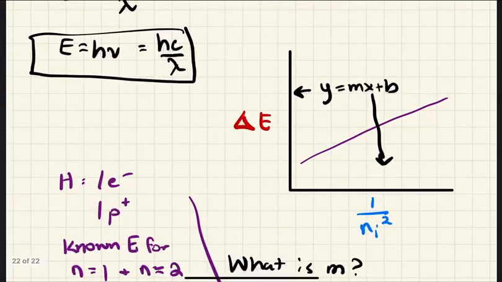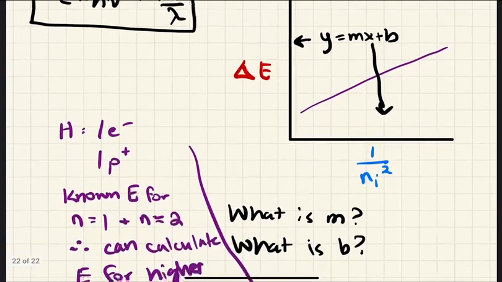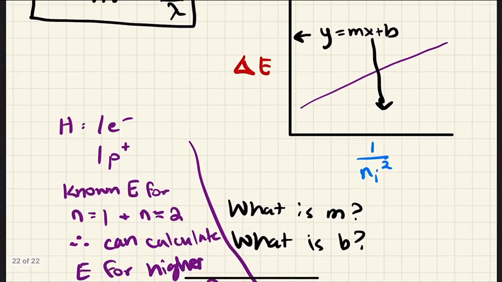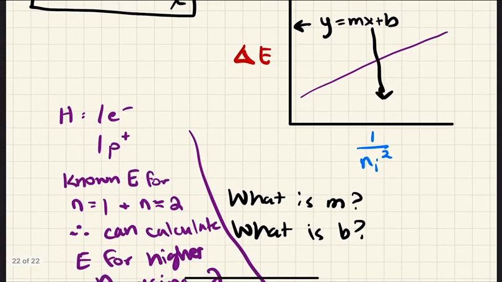And essentially once we have all of those points, we can determine the change in energy, and we will know what energy level we're looking at based on how we assigned them, and we can plot these values. And we'll get a nice line, hopefully, and that will allow us to relate the energy level with the change in energy. And you could think about what the slope of this line would represent in reality, so what is m, and you could think about what b would represent in reality.